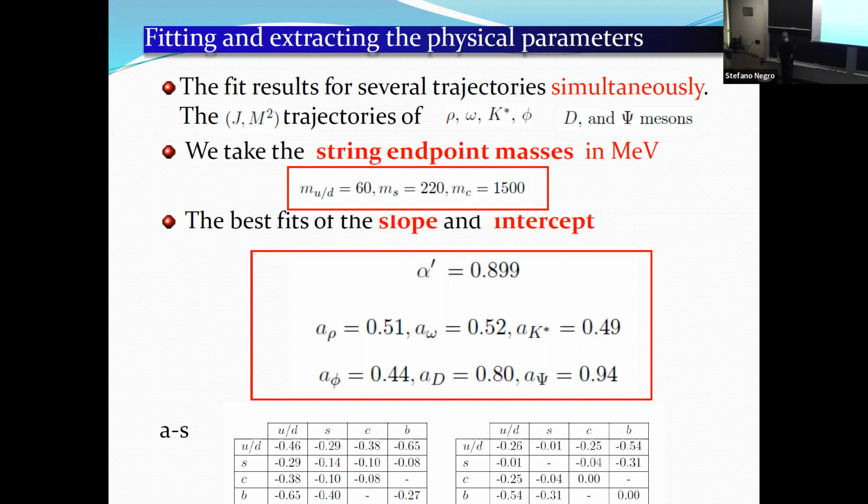So these intercepts are not independent parameters, they are fixed in terms of the masses. Well, they do depend on the masses. These numbers are of the whole trajectory, but in fact, if you compute them, they will depend on the masses, as I showed you in this picture.